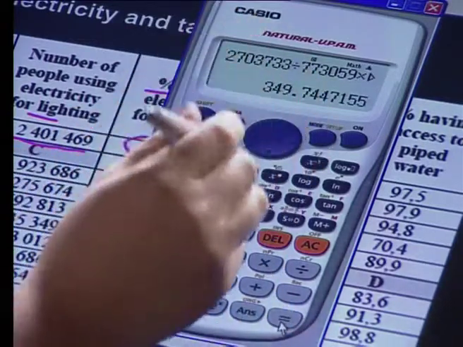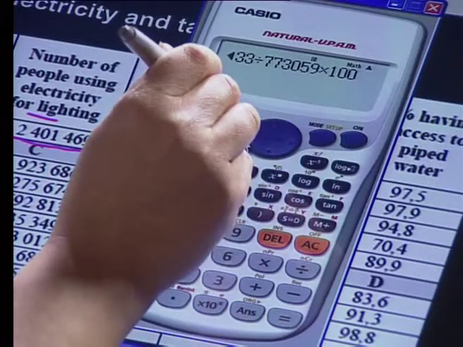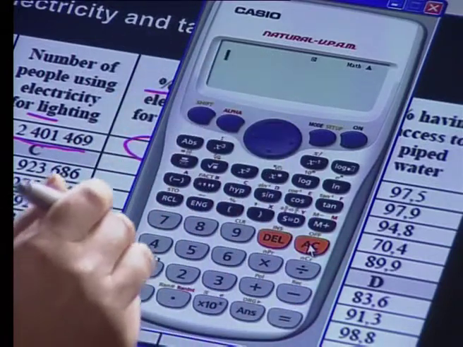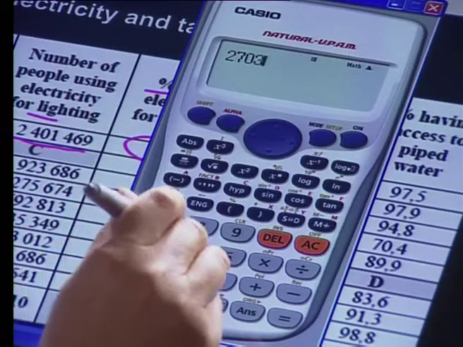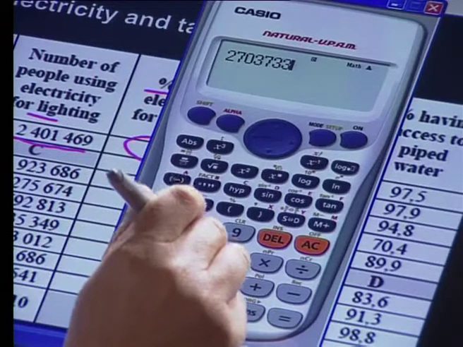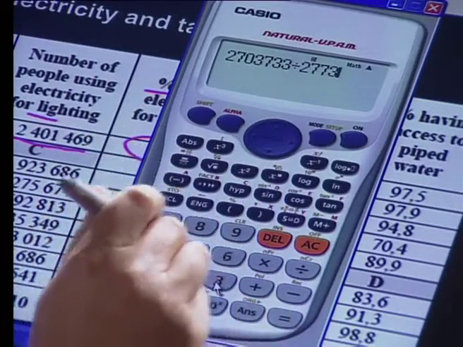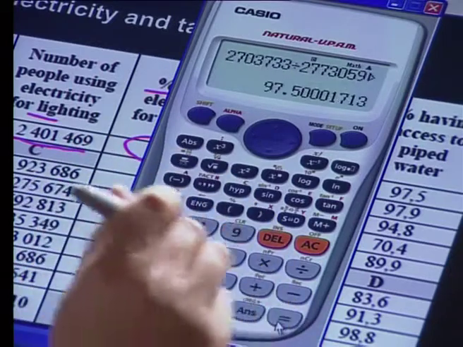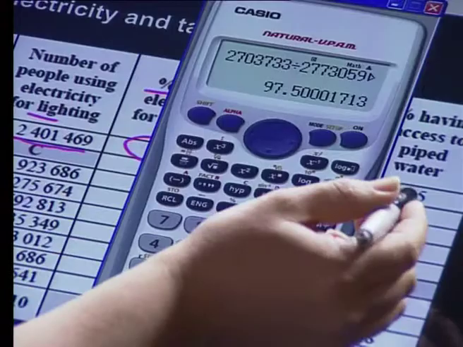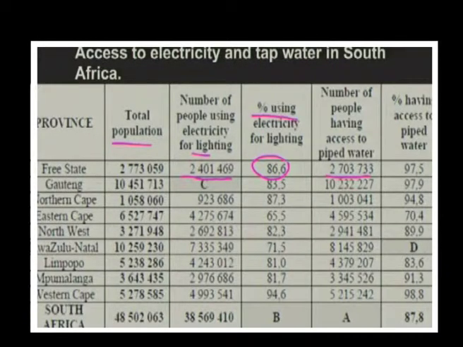And that didn't work. Where did I make my mistake? Let's try that again. 2,703,733 divided by 2,773,059 times 100. And I see that it's 97.5, which is exactly what they gave me in the table.